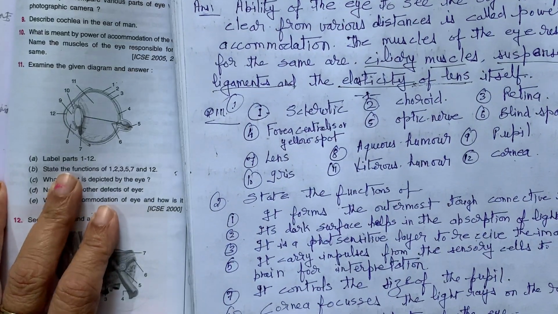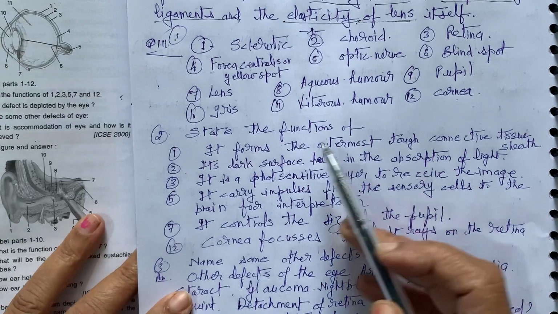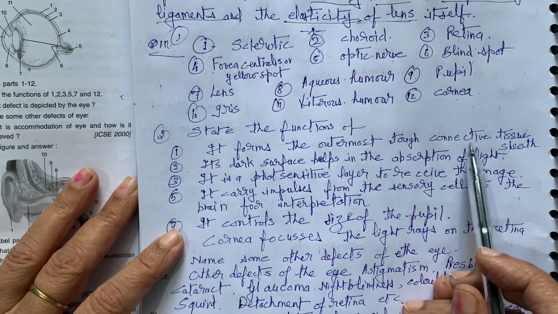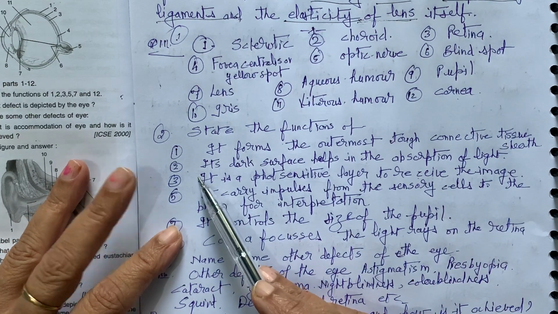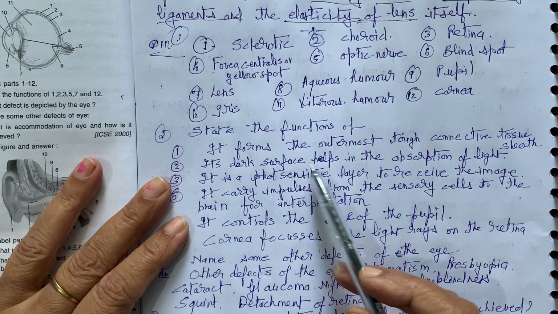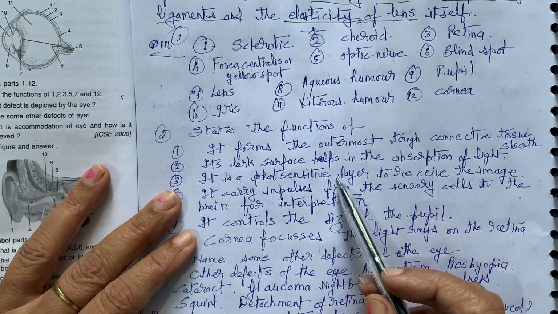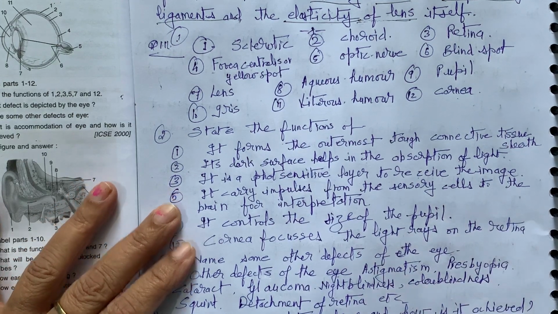Now the second, state the functions of 1, 2, 3, 5, 7, 12. Now see, 1, sclerotic, it forms the outermost tough connective tissue layer that forms the shape of the eye. Second one, choroid, it's dark, it helps in absorption of light. Third one, retina, it is the photosensitive layer to receive the image, means formation of image takes place.